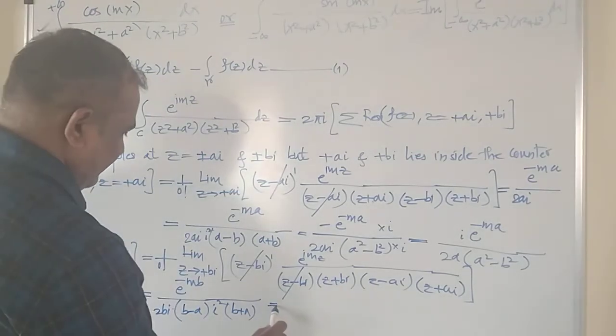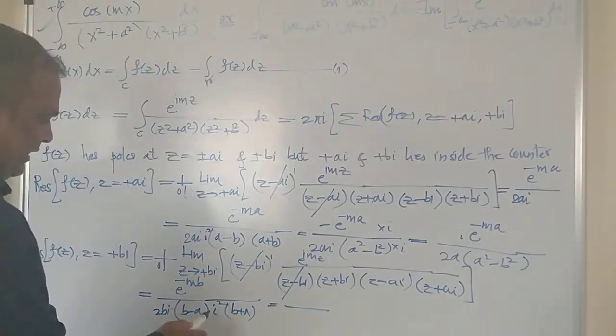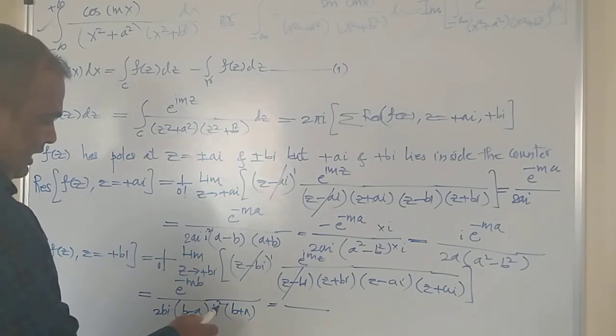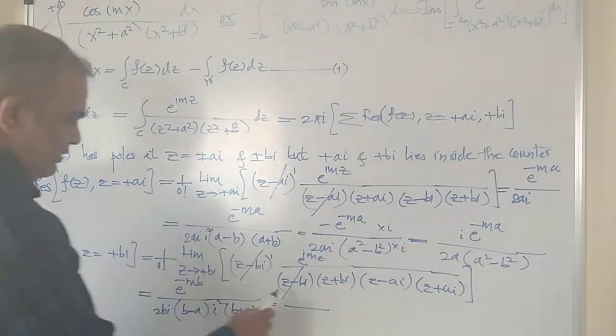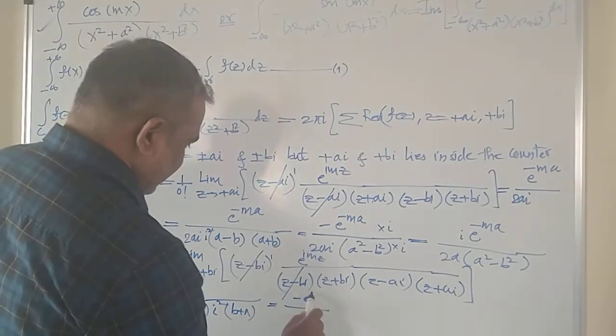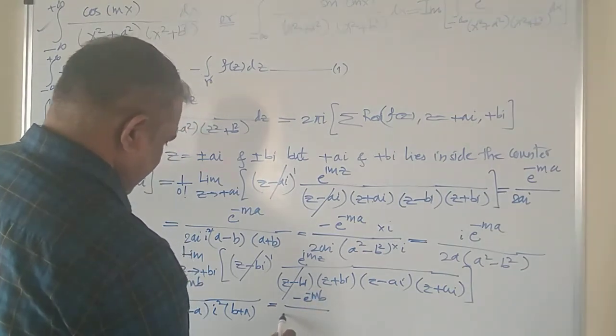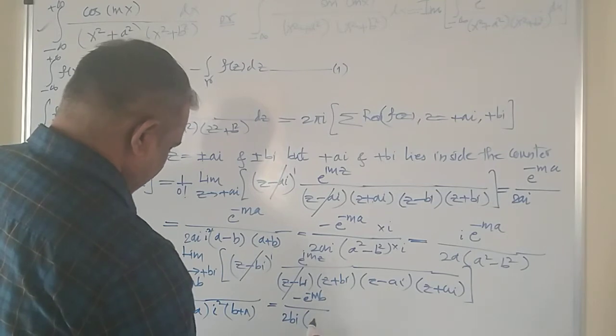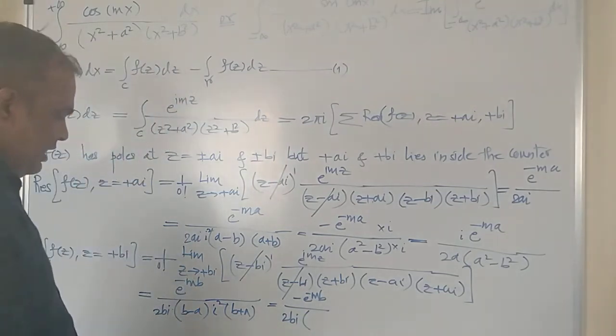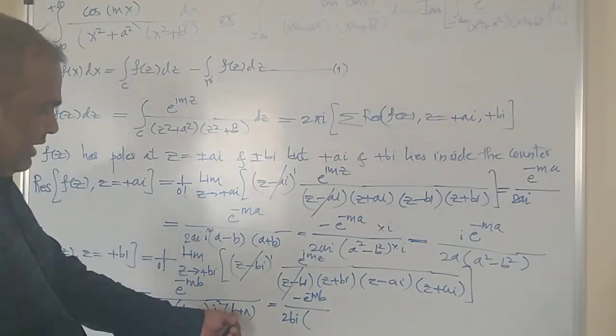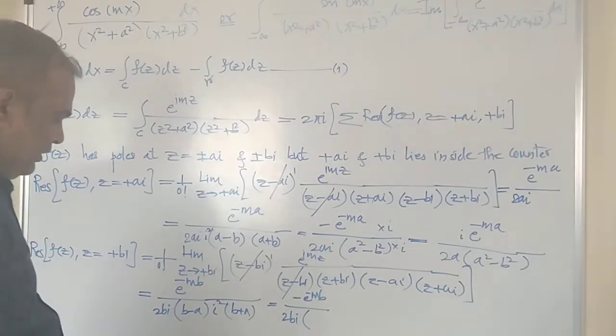So similarly, here you will get i squared as minus 1, and so minus π e raised to minus πm b divided by 2bi, and here you can write (a minus b)(a plus b), so a squared minus b squared.